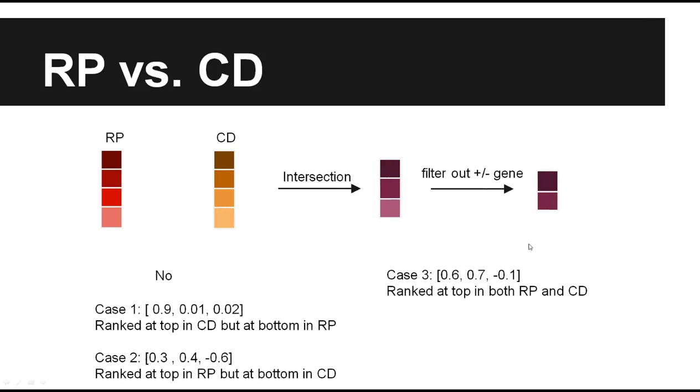In summary, we use the RP to construct a null distribution to give us a rough estimate of where to draw the cutoff. Then we pick the intersection, and then filter out the genes whose signs are not consistent across replicates, and then get our final differentially expressed gene list.